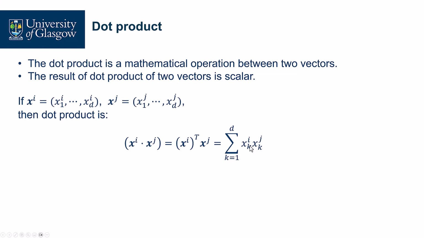It means we multiply element by element, then sum them together. So this is x1i times x1j plus x2i times x2j, until the end. Let me give you an example: for (2, 3) dot product with (1, ...), we multiply the first two, multiply the other two, then sum them together to get the result.